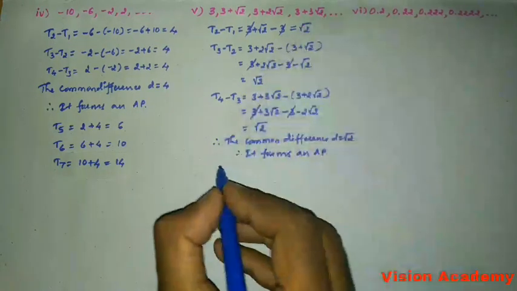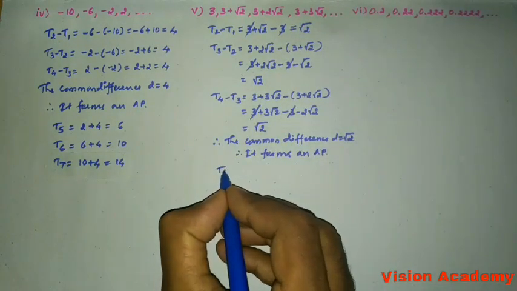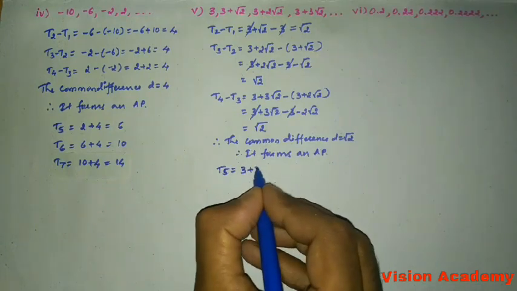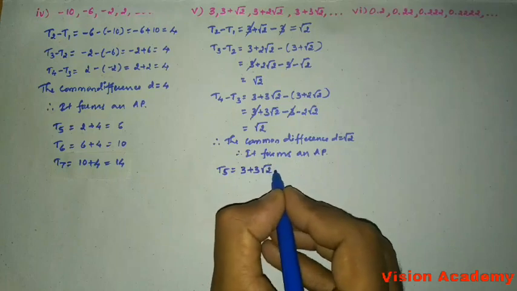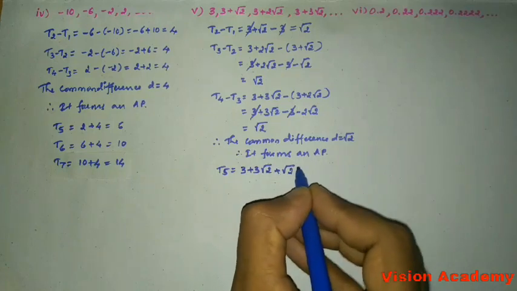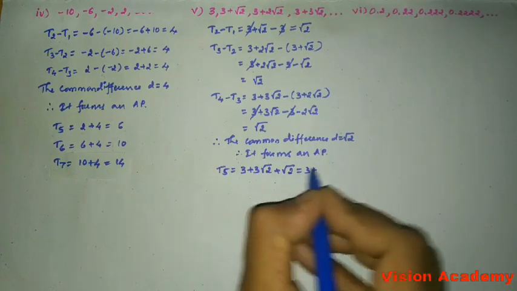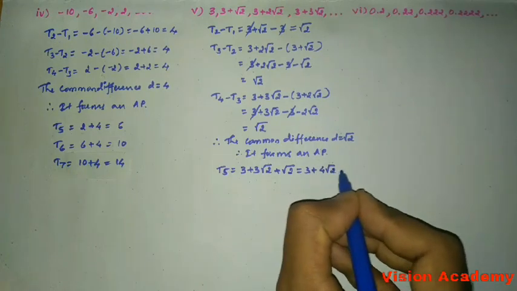So the next 3 terms can be determined by adding this common difference square root of 2 to the last term. Here we will write T5 is equal to 3 + 3 square root of 2 + square root of 2, which is equal to 3 + 4 square root of 2.